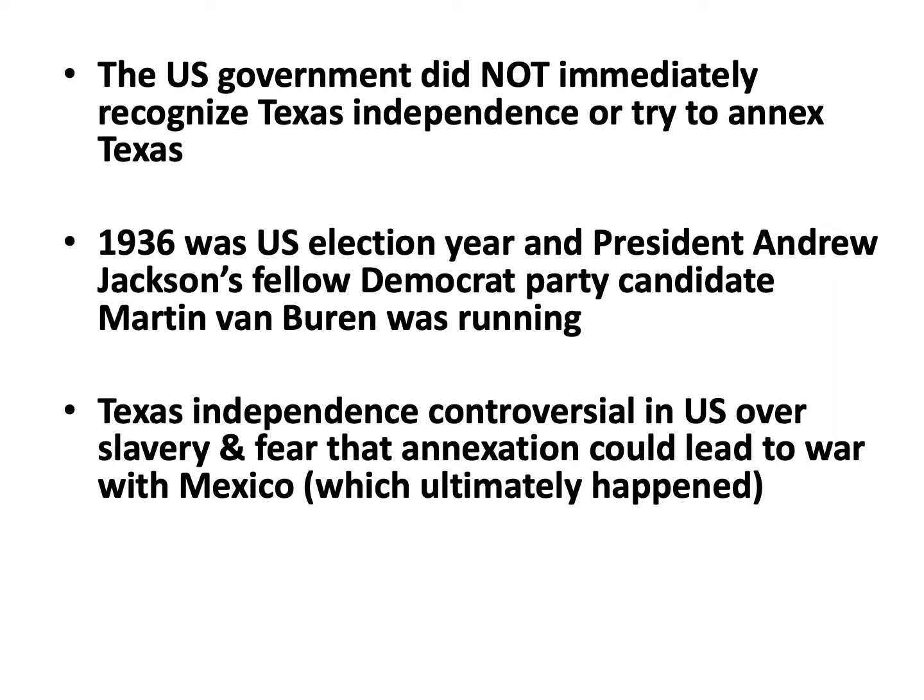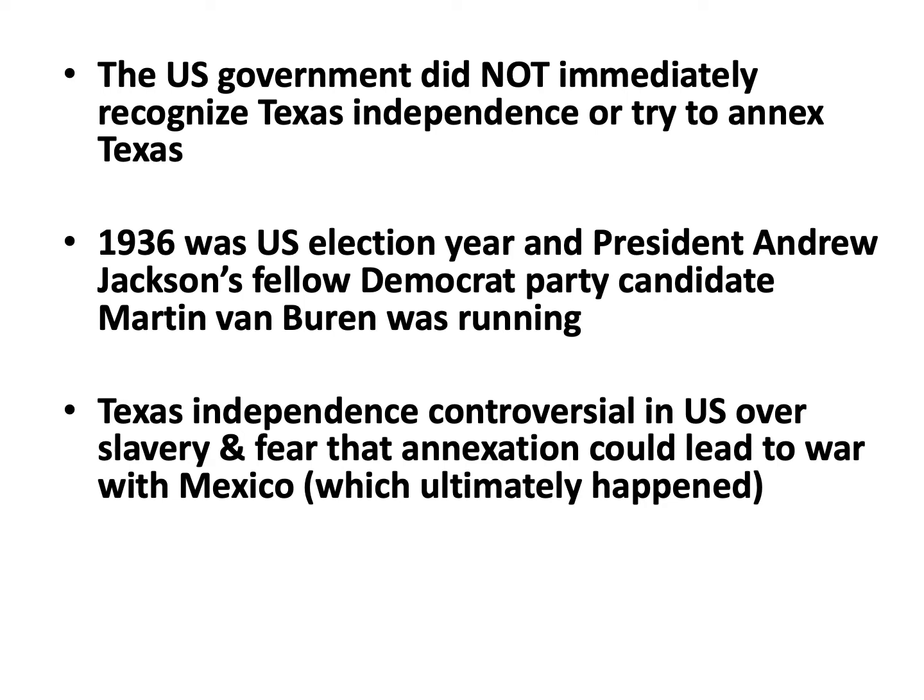Well, the United States government did not immediately recognize Texas independence, and it certainly didn't try to annex Texas either as a territory or a state. The reason being, 1936 was an election year in the U.S. President Andrew Jackson was not running for re-election in 1936, and his fellow Democrat, Martin Van Buren, was the Democratic Party candidate.